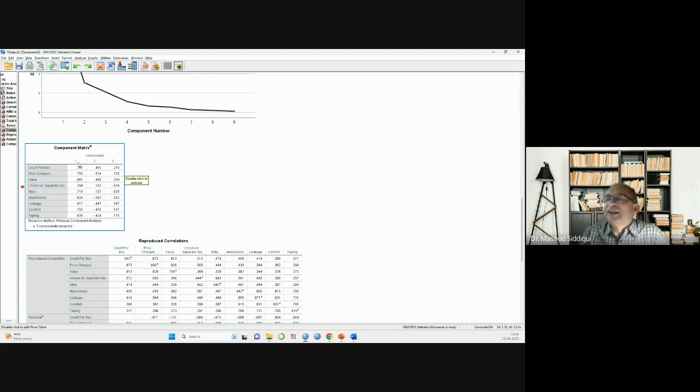Right? So here the highest value tells us that count per box has the highest correlation with principal component 1. So it should be put with principal component 1 or PC1. Are all these discussions clear to all of you? Is it clear?